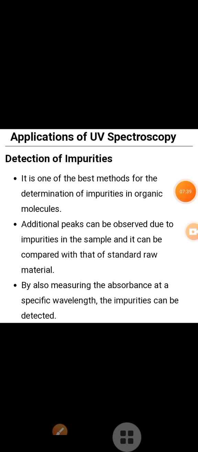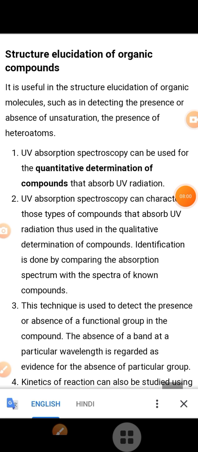What are the applications of UV visible spectroscopy? It can be used for determination of impurities in organic molecules; by measuring the absorption at a specific wavelength, the impurities can be detected. Also structure elucidation of organic compounds. Detection of functional groups, the presence or absence of chromophores, can be detected.